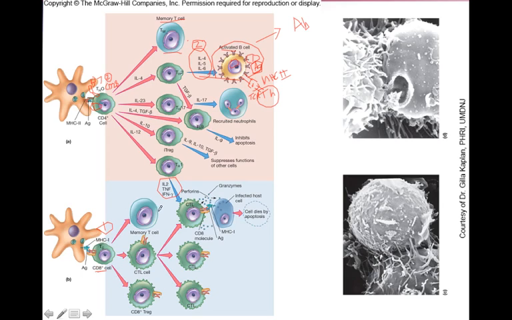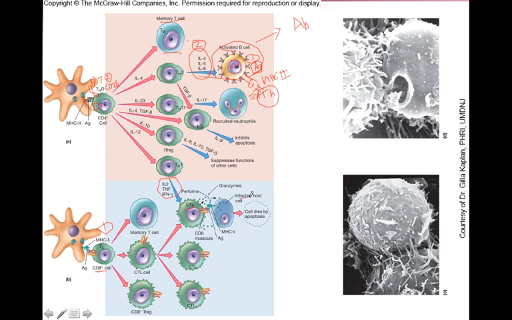And then they also need these cytokines to activate cytotoxic T cells, which helps them proliferate, so there's more of them, and they can be good effector cells, meaning that they can actually go out and find infected cells.